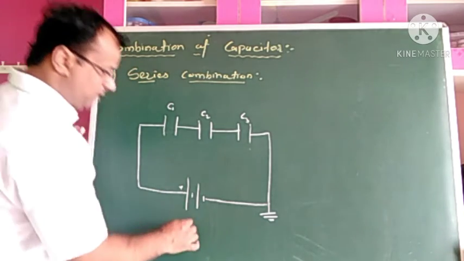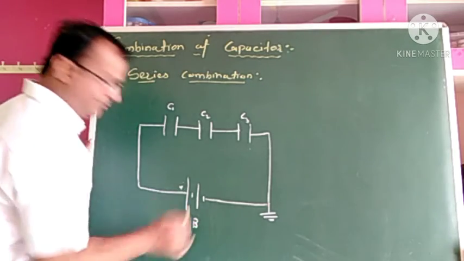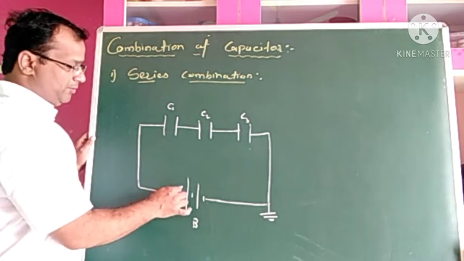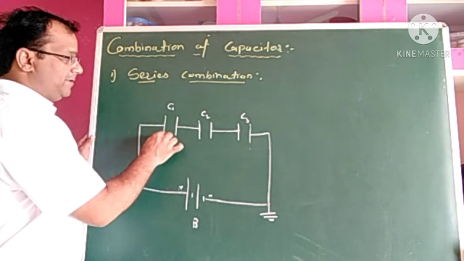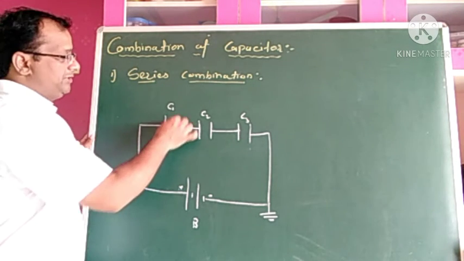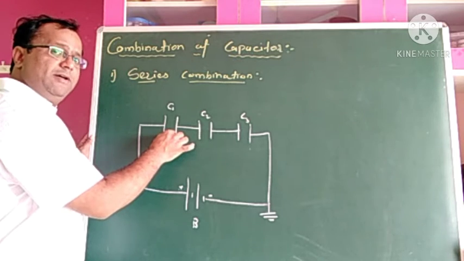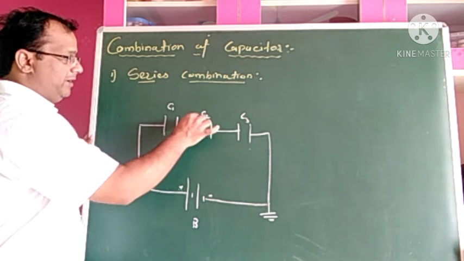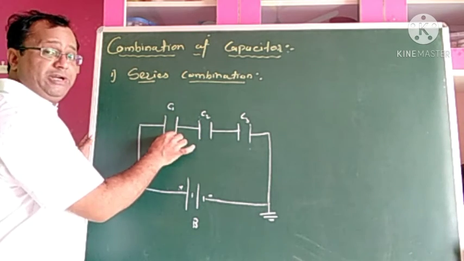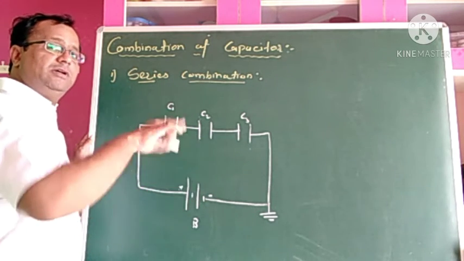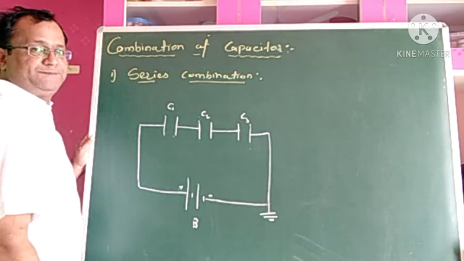Now this will be the battery. Suppose the battery is B, right? So this will be the positive terminal, this will be the negative terminal. Here this will be the first plate of the first capacitor, this will be the second plate of the first capacitor. The first plate of the second capacitor is connected to the second plate of the first capacitor.